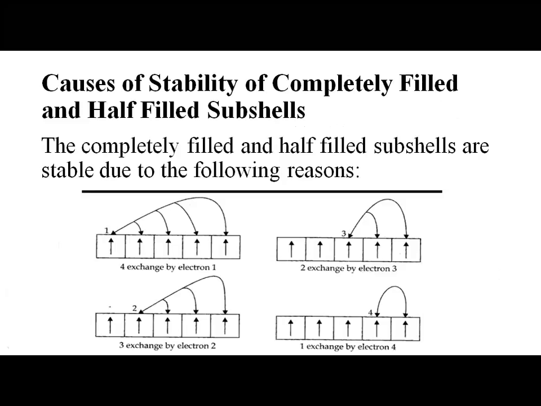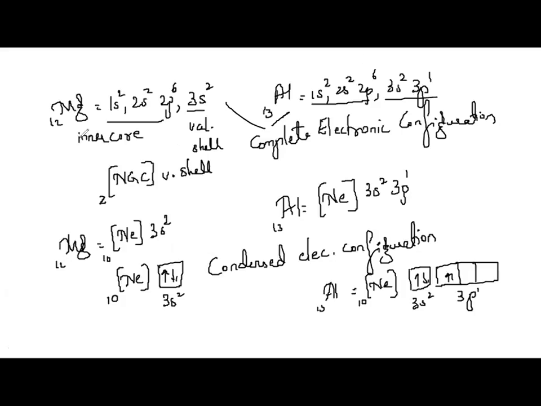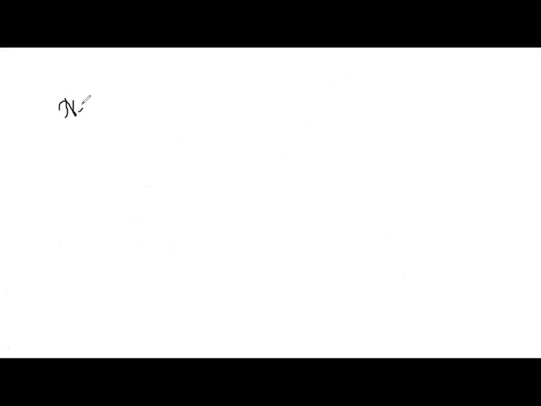Now, the causes for the stability of completely filled and half filled subshells. Completely filled and half filled subshells are very stable. Just now we looked at some examples. Take neon, atomic number 10: 1s2, 2s2, 2p6.